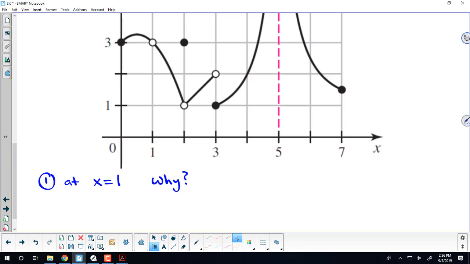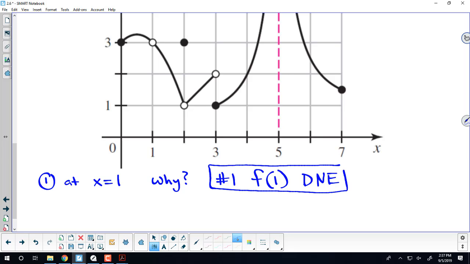Don't just say there is an open circle there, but in the sense of continuity, what does that mean? That means the function isn't defined at that value. So this is why the function is not continuous at x equals 1.